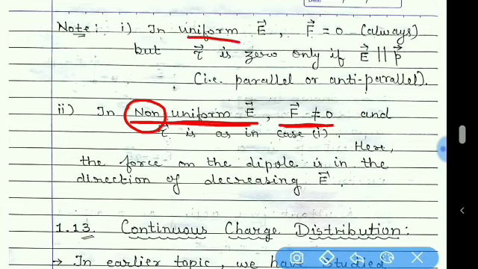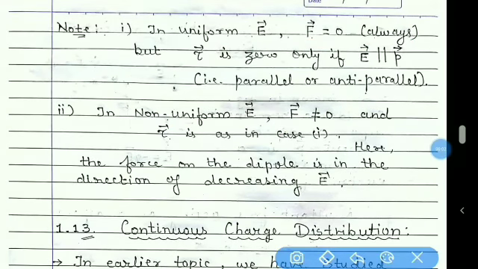In uniform electric field it was always 0, but here it is not equal to 0. So some force will act on a dipole, and that force will always be in the direction of decreasing electric field.